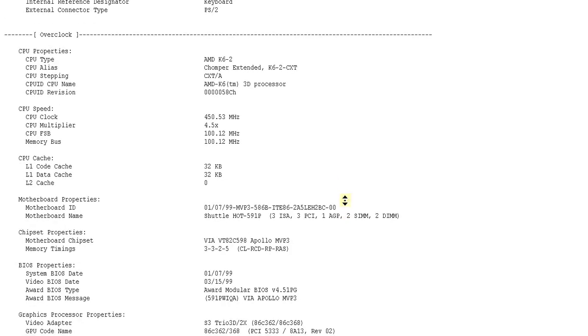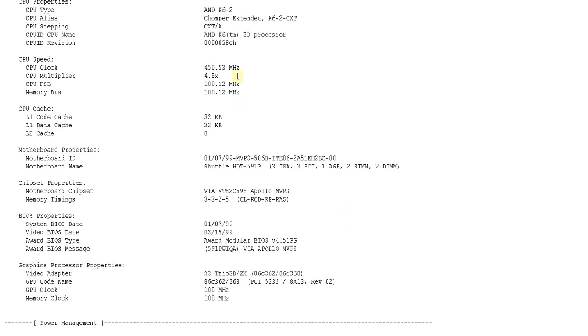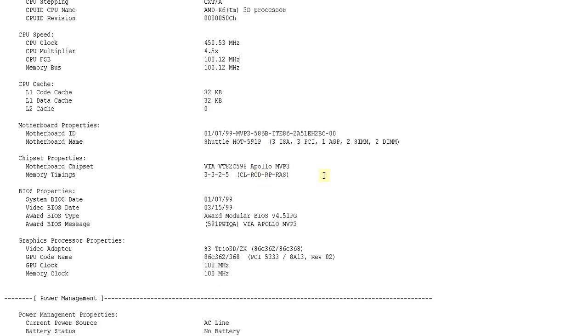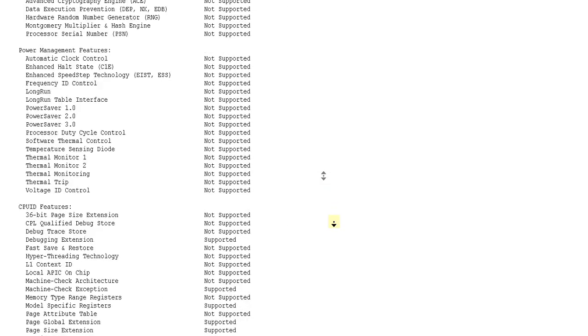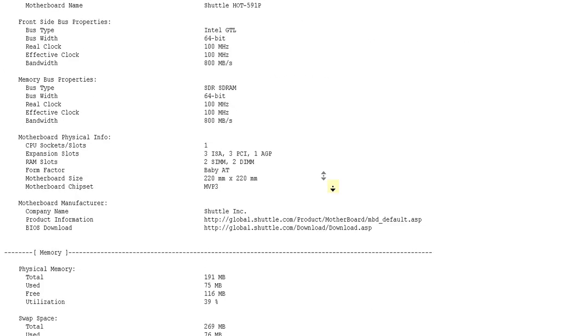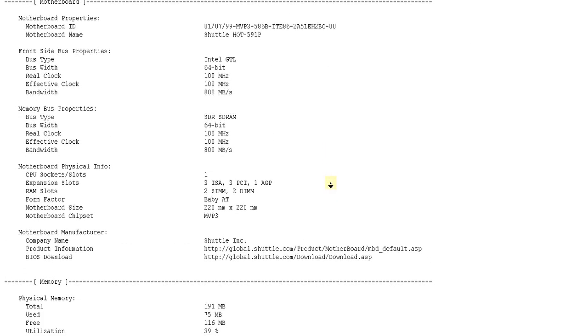Let's go down to the overclock. Running at a frontside bus of 100 megahertz. This is utterly painful to even think about cruising the web on something like this. It's fantastic for DOS, of course. This system would have cost thousands of dollars back in that day.